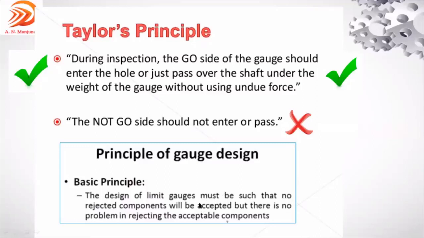If the customer has a bad experience with the product, the second time the customer will never purchase it. So the design of gauges must be such that no rejected component will be accepted. At any point, a rejected component, that is the defective product, should not be accepted. If accepted, it will reach the customer and create a problem.